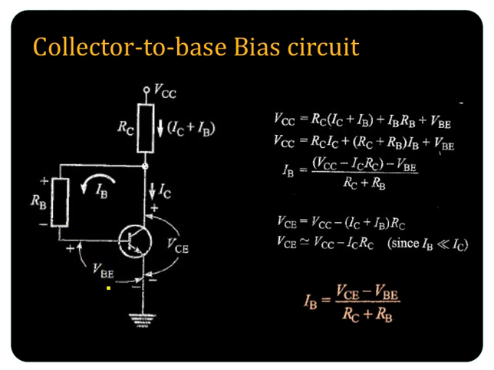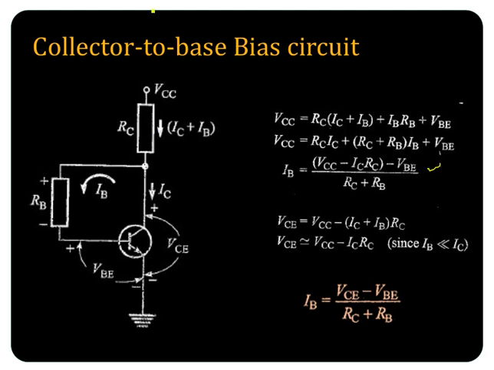Alright. So this equation, when you modify, you get an expression for IB as VCC minus ICRC minus VBE, the whole divided by RB plus RC. Okay, this is the expression for IB.